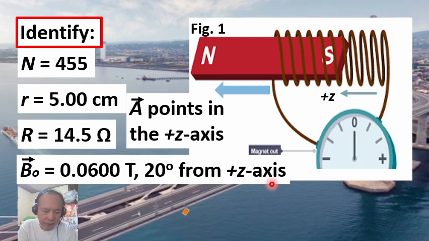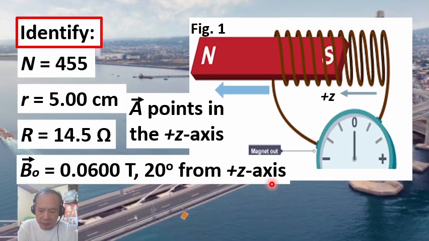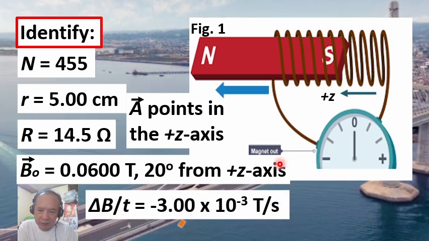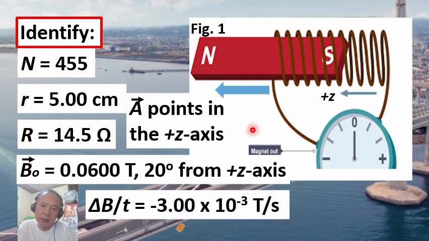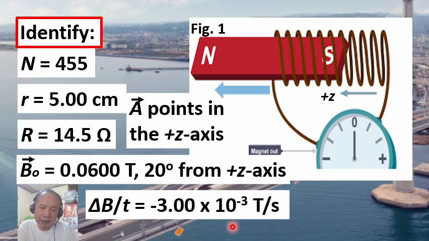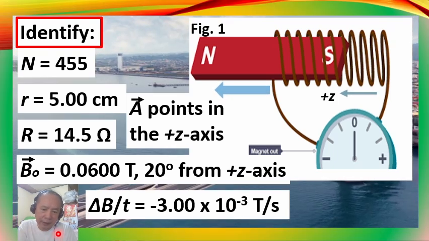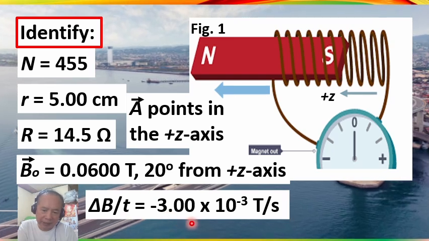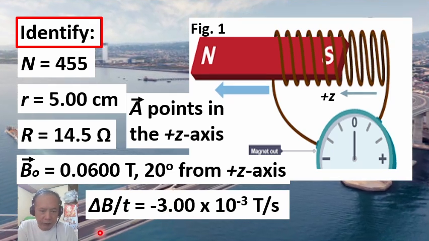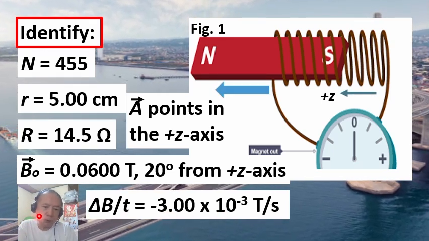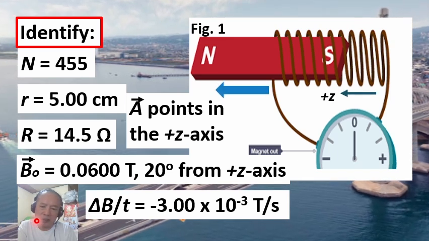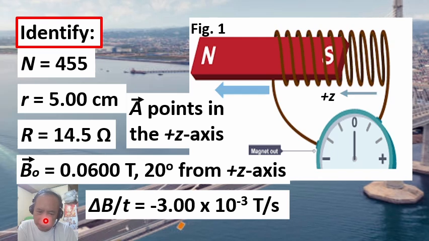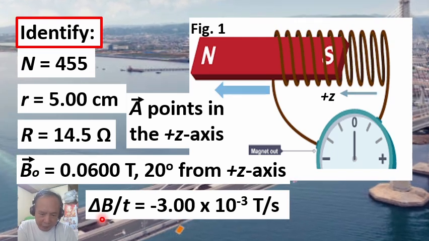Its magnitude, of course, is changing. It is decreasing at a rate equal to negative 3.00 times 10 to the negative 3 Tesla per second. For now, we label this rate of change in the magnetic field as delta B over delta t.